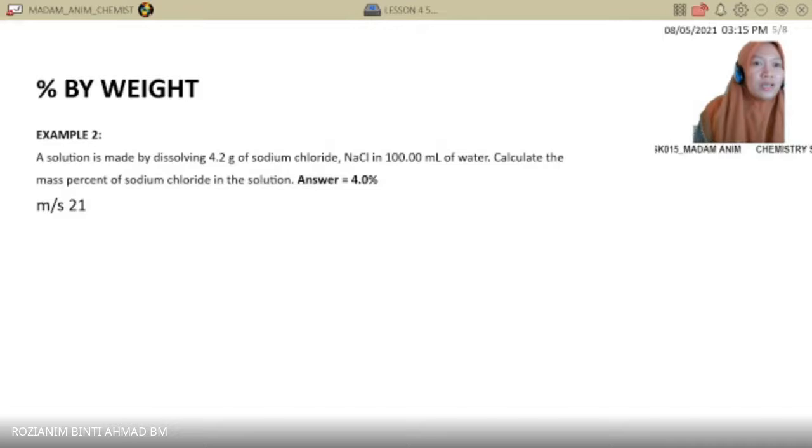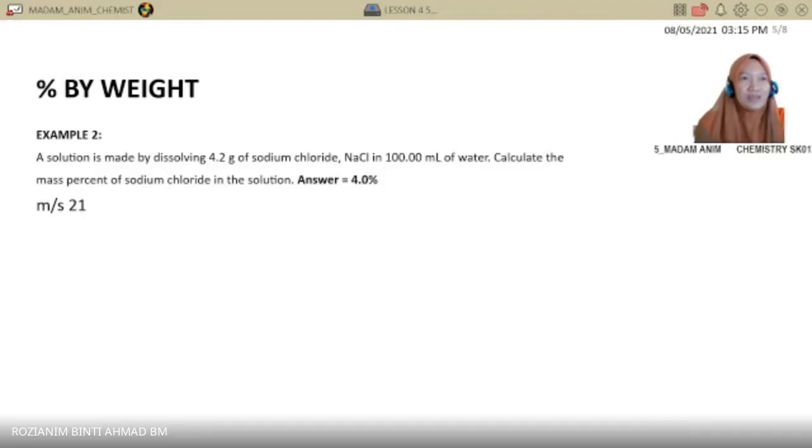Who wants to try? Ada yang dah buat? Kalau tak ada buat, okay, saya bagi masa dulu. Cuba buat. Saya akan pick one name to show the answer. Cuba dulu. Madam, saya nak cuba. Boleh, okay, good, Sherin. So, try snap your answer, tekan button through.